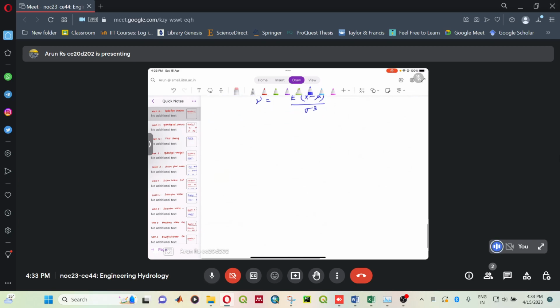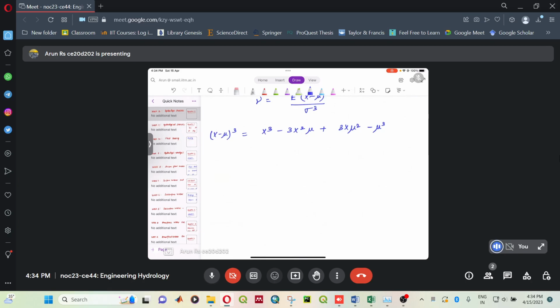So for that we need to do some simplification. So what we will do is we will take x minus mu the whole cube. So this is a minus b the whole cube. So we'll be expanding this: x cube minus 3x square mu plus 3 into x mu square minus mu cube.